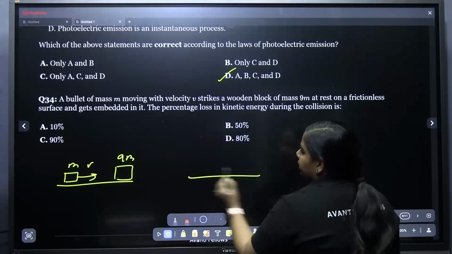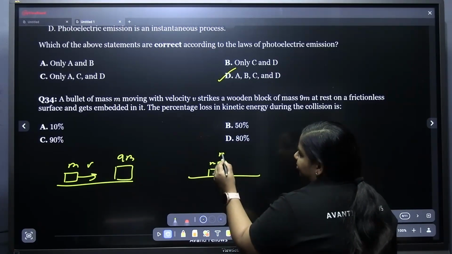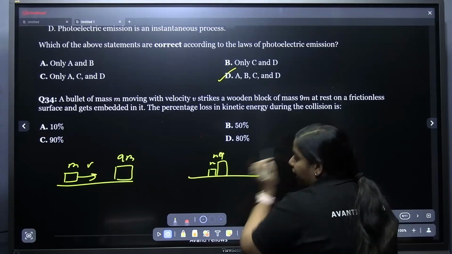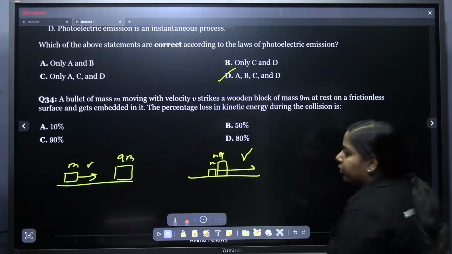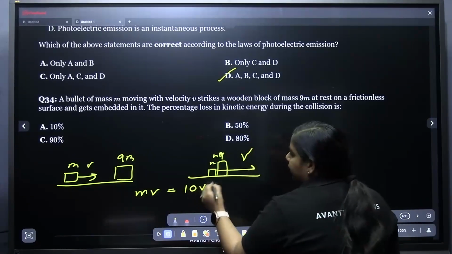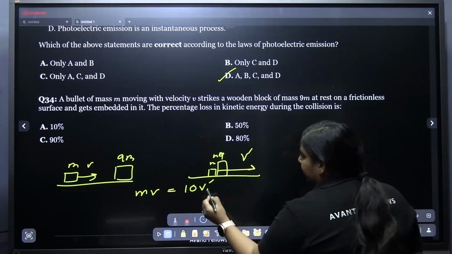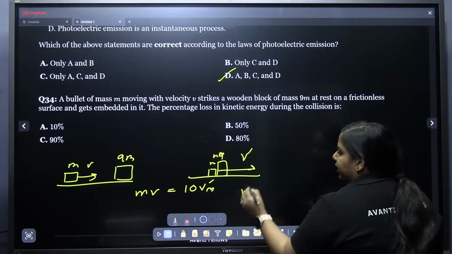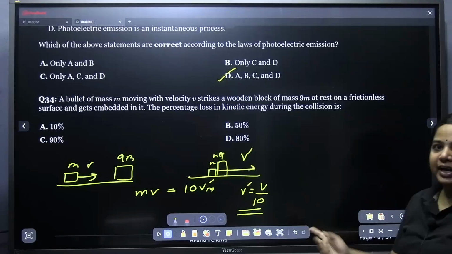After the collision, m and 9m are moving together with some v dash velocity. So how to calculate it? Conservation of momentum: mv = 10m v dash. So v dash is equal to v by 10.